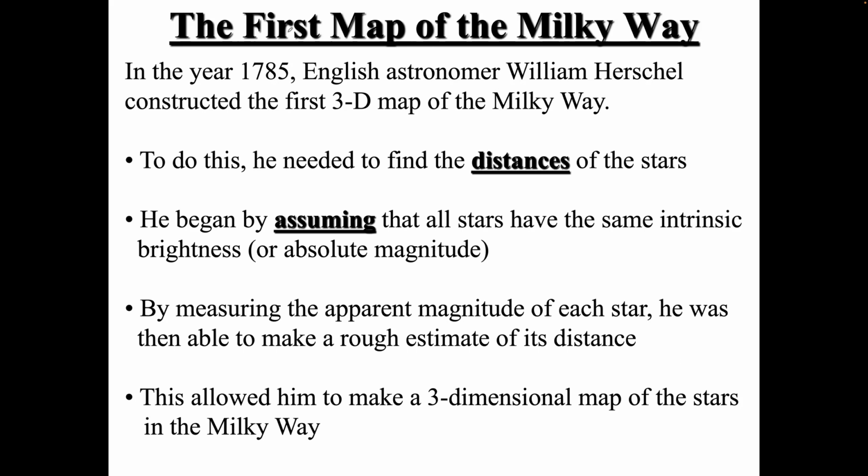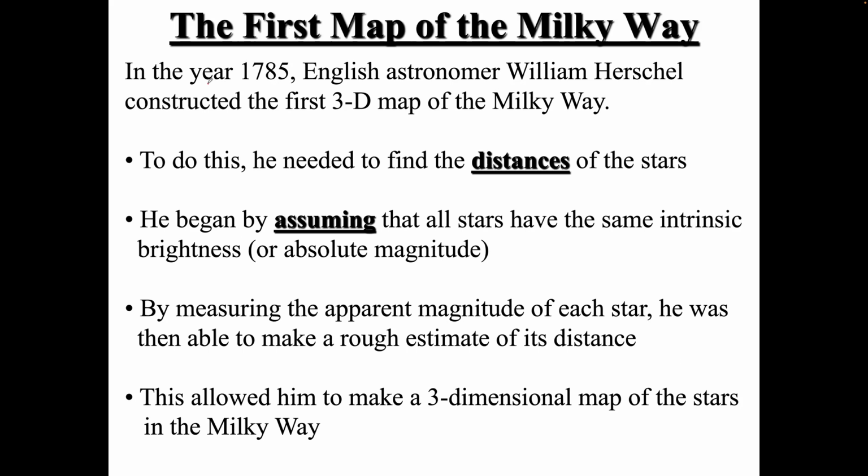Now, to construct the map, he needed to find the distances of the stars again, right? So he assumed that all the stars have the same intrinsic brightness. And measuring the apparent magnitudes of the stars, he was able to make a rough estimate of the distance and then made a three-dimensional map of the Milky Way.